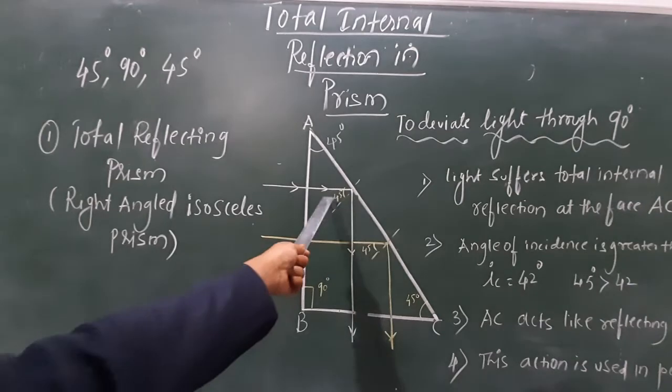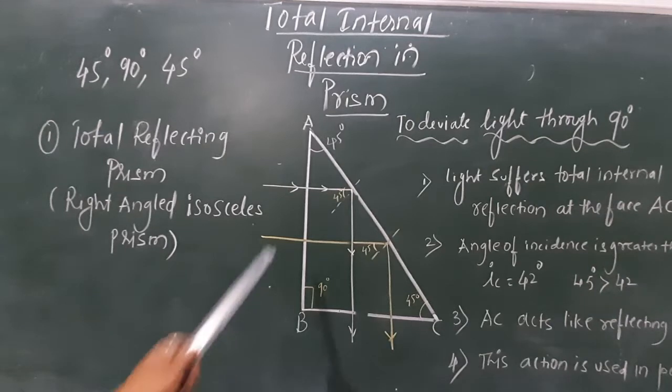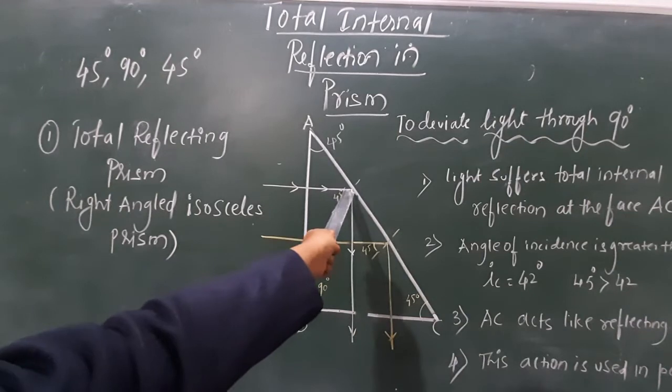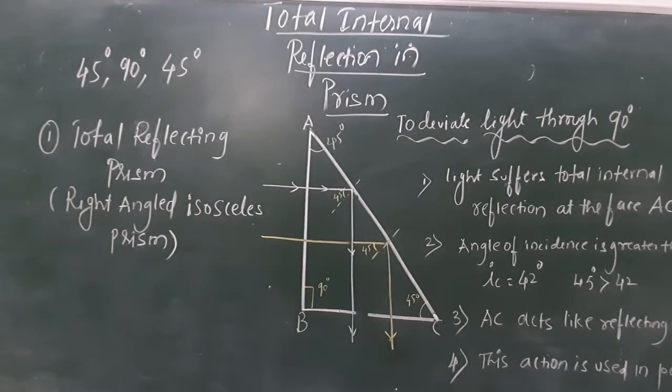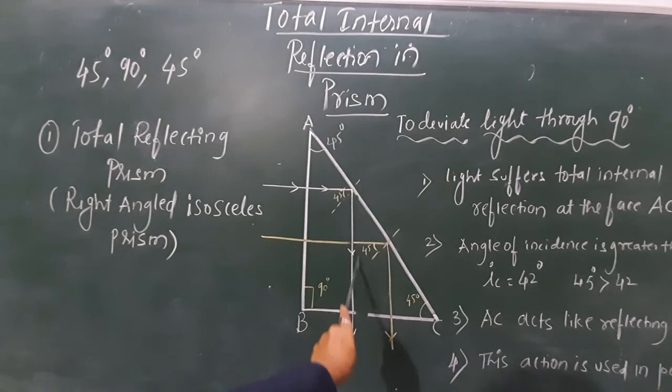And this angle is 45, so it is greater by 3 degrees. That is why the ray of light will not get refracted out. Instead, it will take a complete turn, means it will suffer total internal reflection. Right, children?